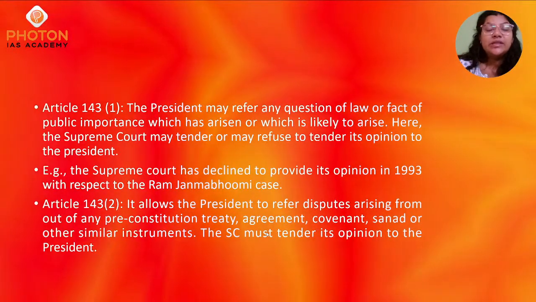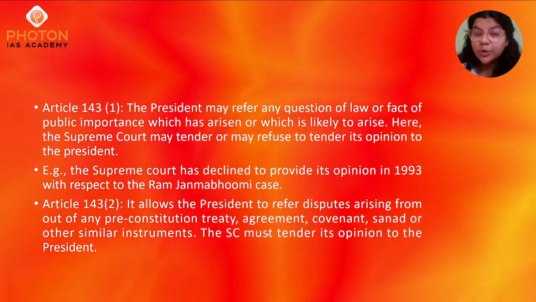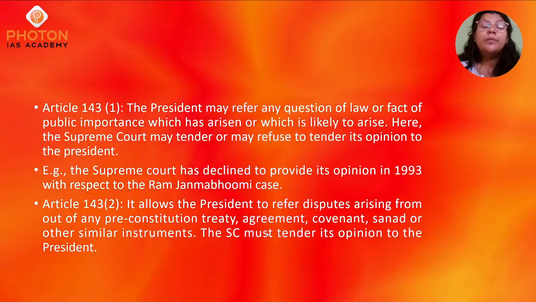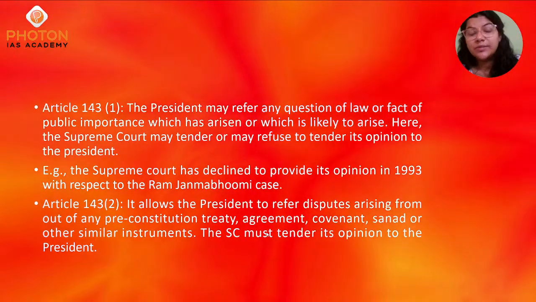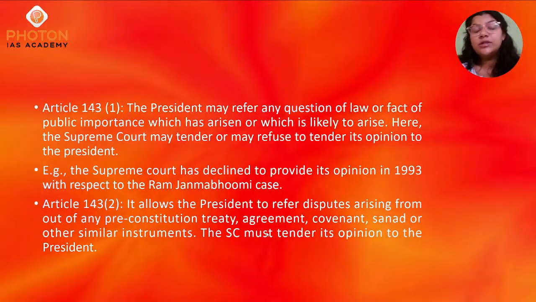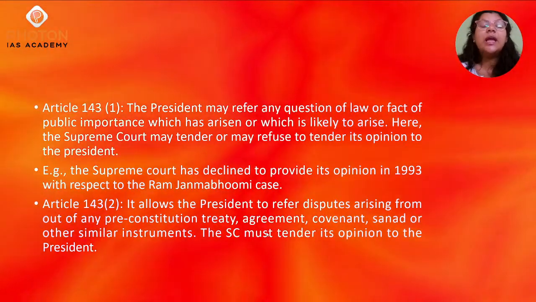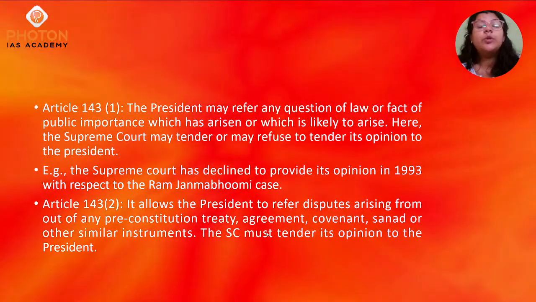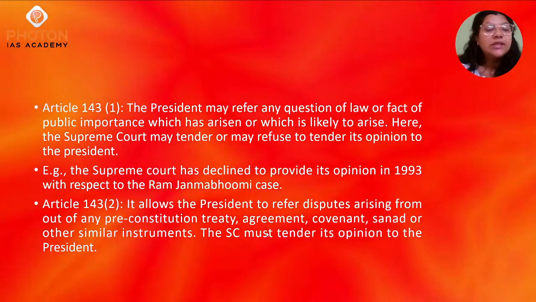So if some dispute is arising from a certain pre-constitutional treaty, agreement, covenant, sanad, or other similar instruments, he can ask the Supreme Court what exactly to do in such situations. And in this situation, the Supreme Court must tender its advice. It cannot deny to tender its advice.